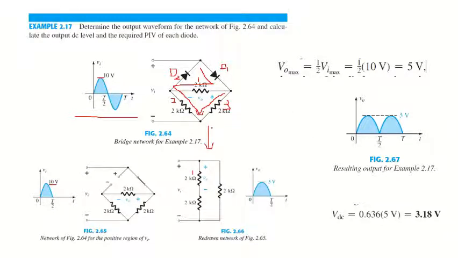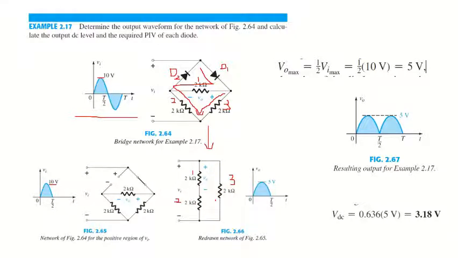So for the positive half cycle, resistor 1 and resistor 2 are in series, you can see from here, whereas resistor 3 is in parallel with these two resistors 1 and 2.